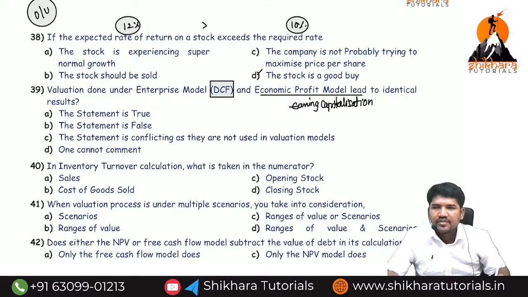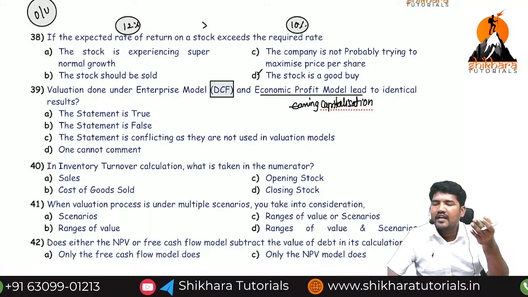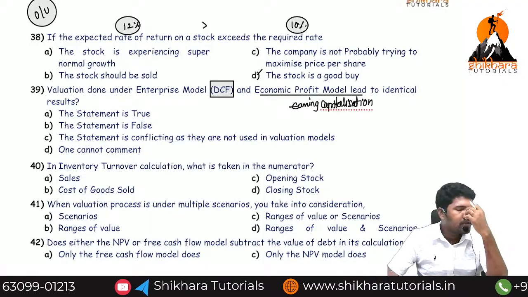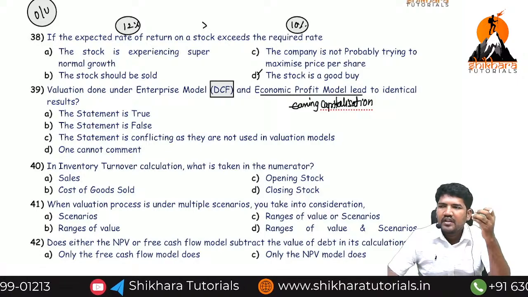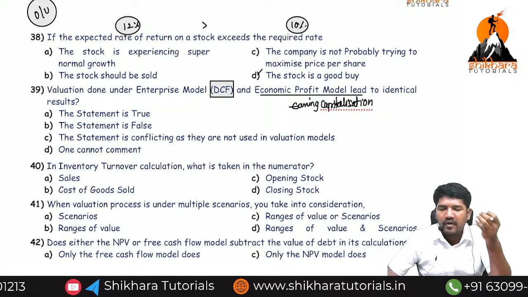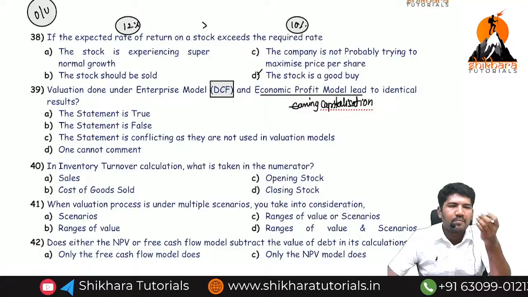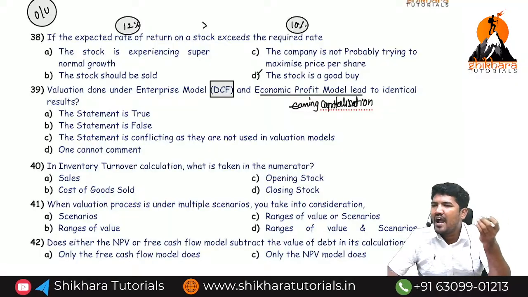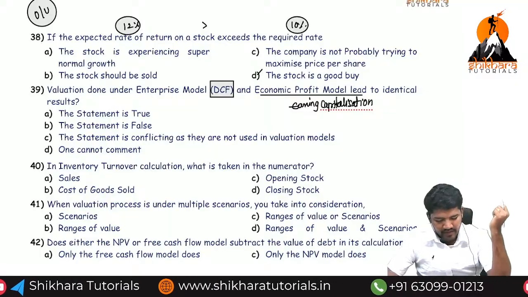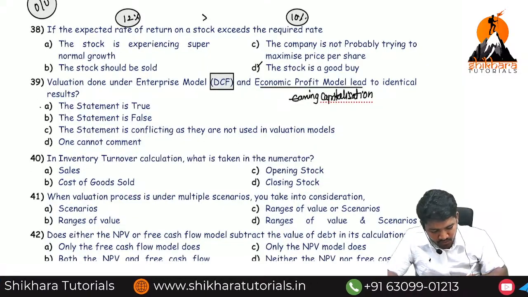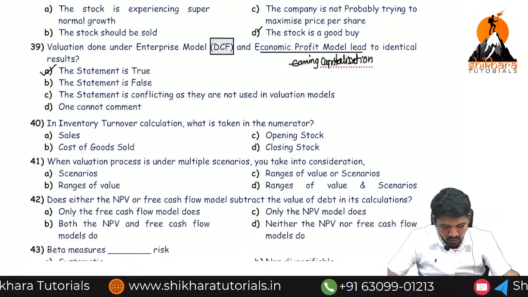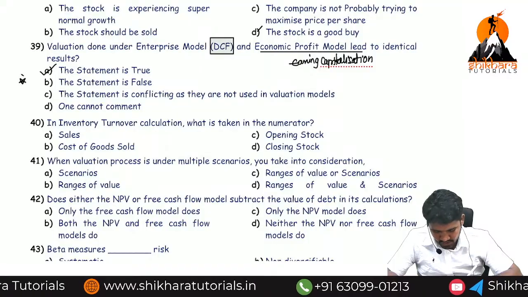In the net income approach, we have two methods. What are the two methods? Discounted cash flow method and earning capitalization method. Why they put the two methods in a single approach is that it will give similar, identical answers. Now what is the answer? Statement is true. Now put a star for that MCQ, sir.